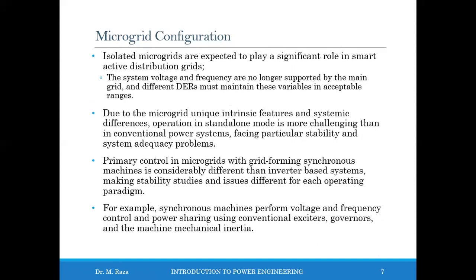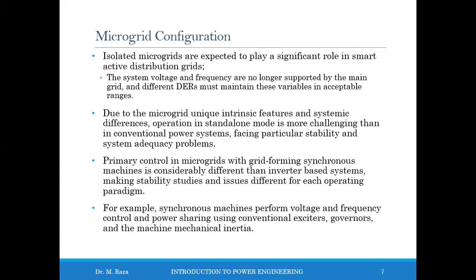Isolated microgrids are expected to play a significant role in the smart active distribution grid. In this case, the system voltage and frequency are no longer supported by the main grid, and different distributed energy resources must maintain these variables in an acceptable range.